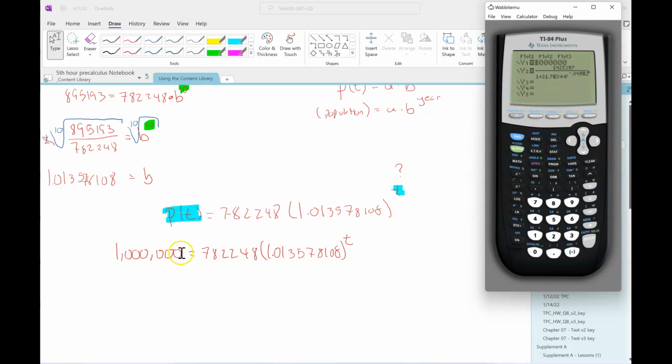So what I'm going to do is type the left-hand side into y1. So I think that's 1 million. That's 6 zeros, isn't it? Looks like it. And I'm going to type the right-hand side into y2.